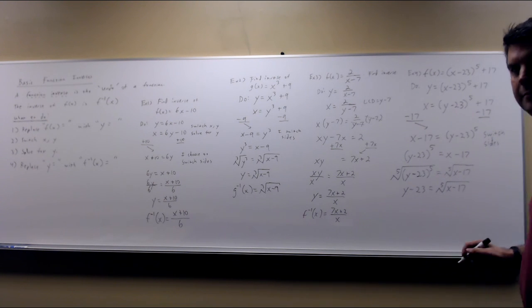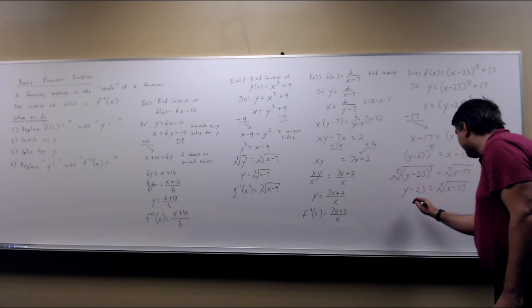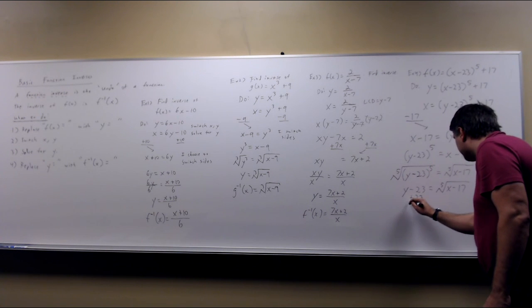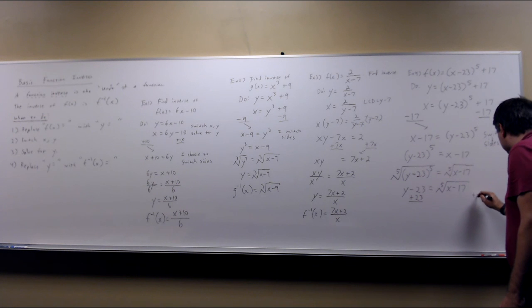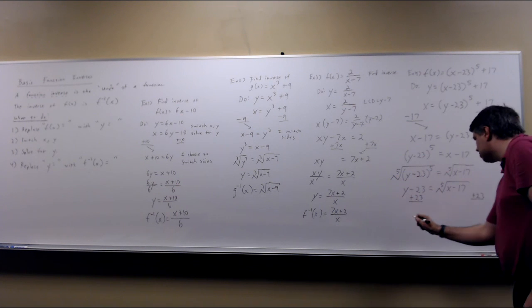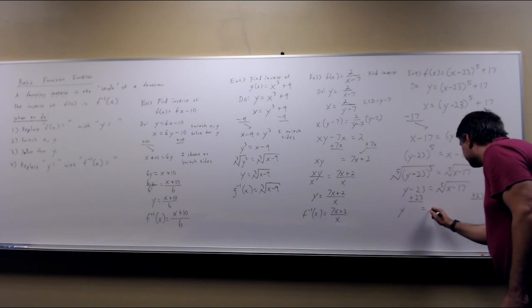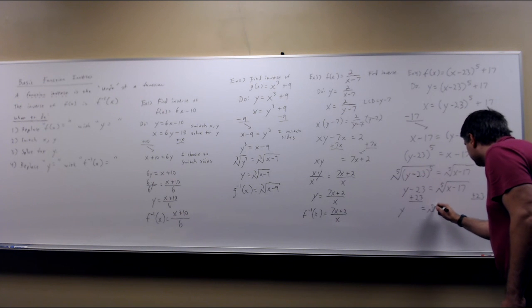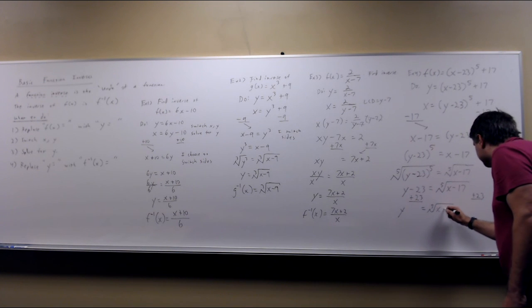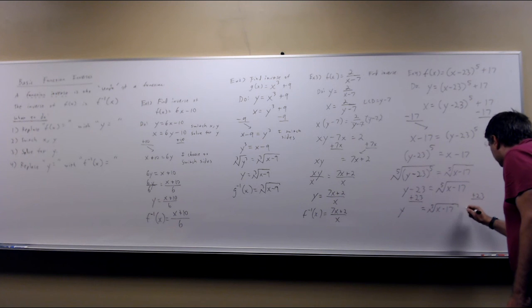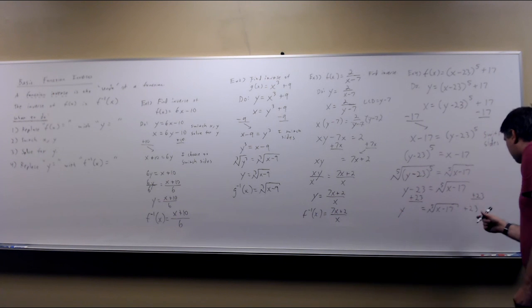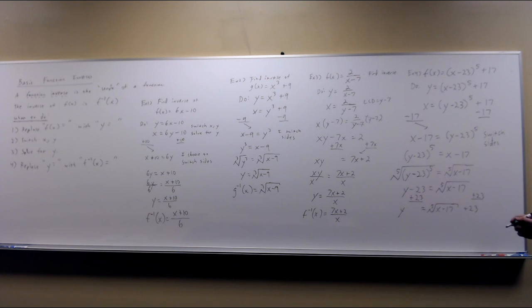Next, I need to add the 23 back to get the y by its lonesome. So y equals the fifth root of x minus 17 plus 23. The 23 is not included in the radical.